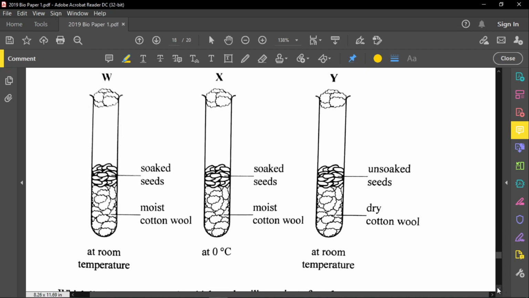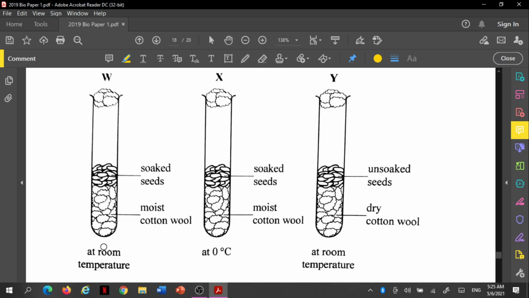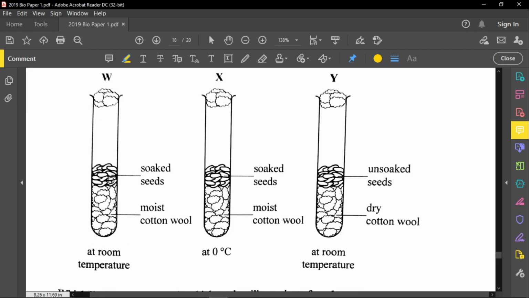So again, let's go through each of them. We have W, X, Y, and so look into each container. W is at room temperature. The beans are soaked in water, and so the cotton here is moist. In X, the beans are soaked with moist cotton hull, just the same, but the temperature is different.